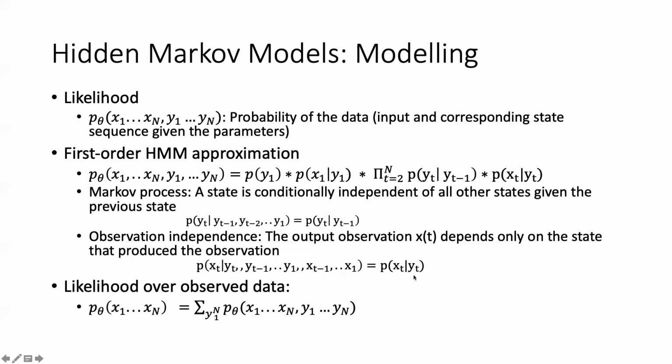So this is observation independence. Since in HMM we only know the observation sequence and the underlying hidden state sequence is unknown, in order to compute the likelihood over the data, we have to sum over all possible hidden state sequences. So this is obtained by marginalizing over the state sequence.